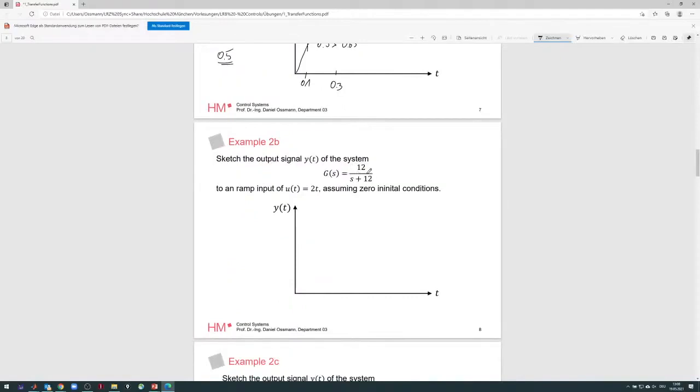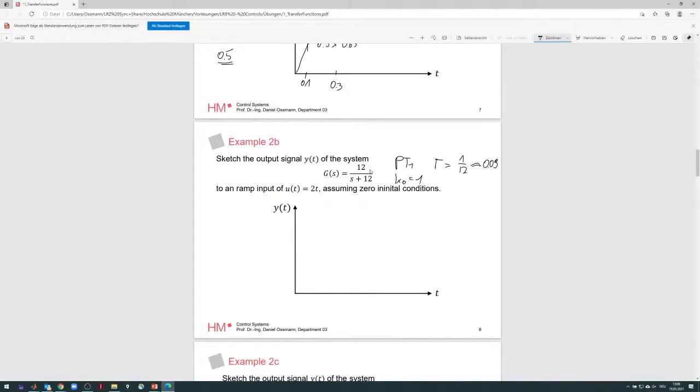So what do we have here? This is simply a PT1 system, right? If you write the differential equation, it should be clear. And the time constant is 1 over 12, so roughly 0.089, something like that. And you have a ramp input of 2t. Your steady state gain is 1.